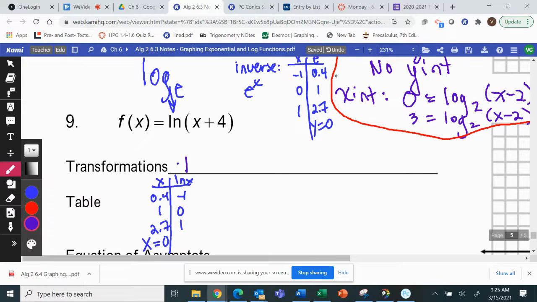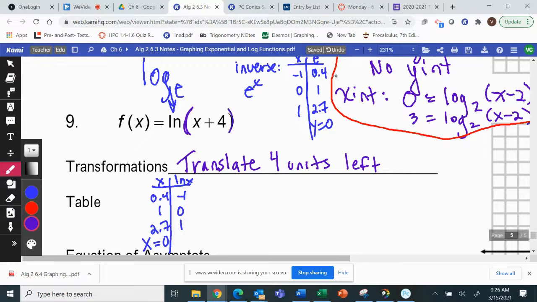Transformations. This is a translate. Jackson, can you help me with this transformation? To the left. Yes, that is correct. We know it goes either right or left because it's inside the logarithm.